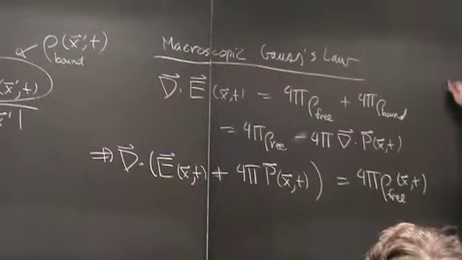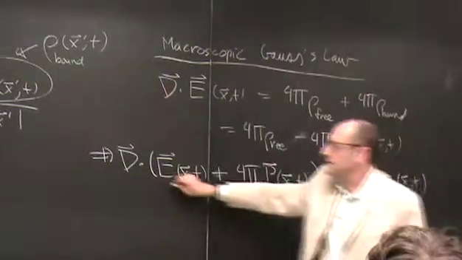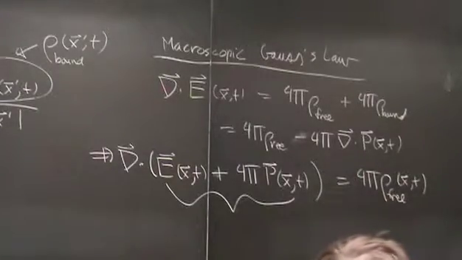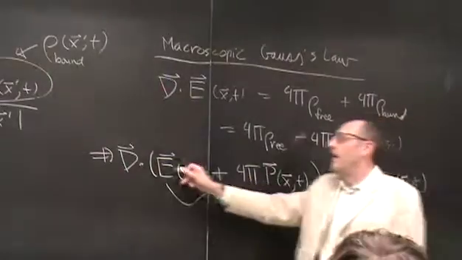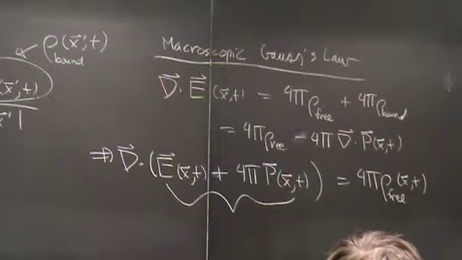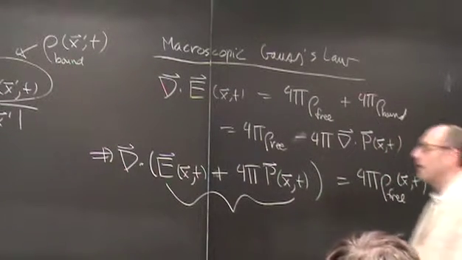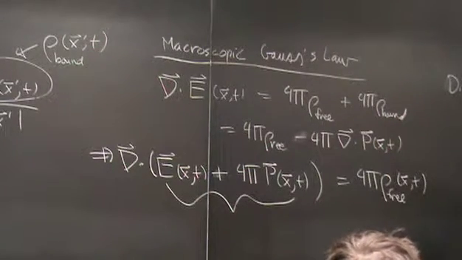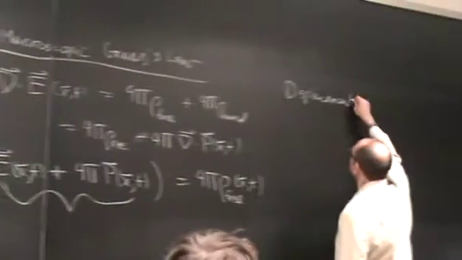And as you remember, this combination, maybe not with this set of units, but this combination of the electric field and the local polarization density or dipole density is known as the displacement field.